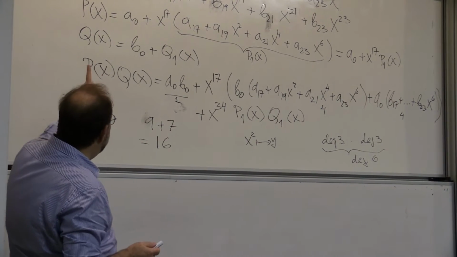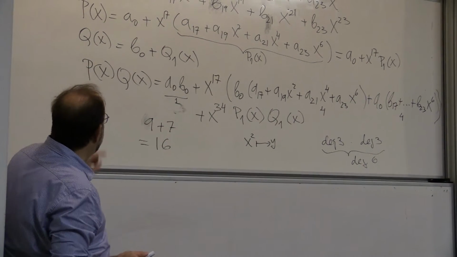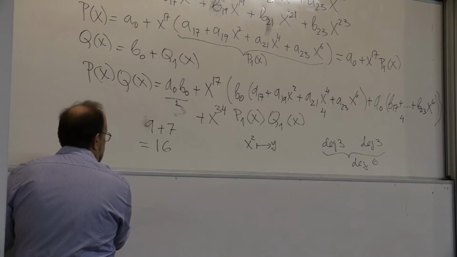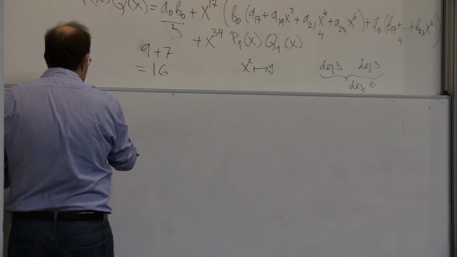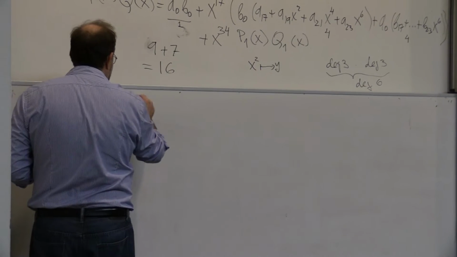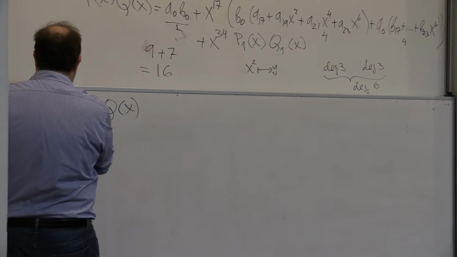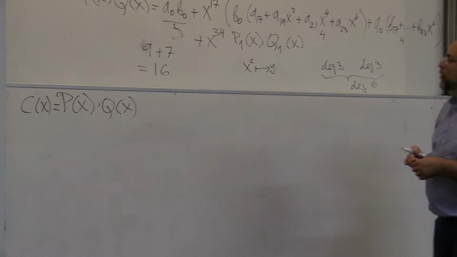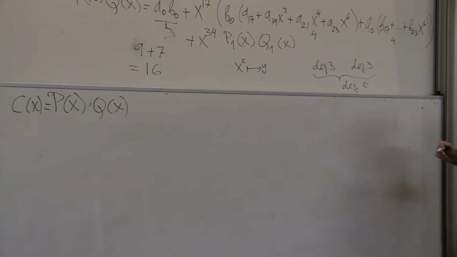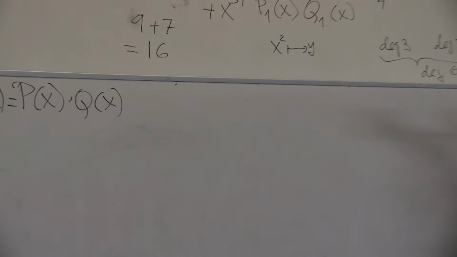Let's see. When you multiply p of x with q of x, let's see what powers we get. So p of x times q of x, let's call this c of x. What powers do we get when we multiply p and q?